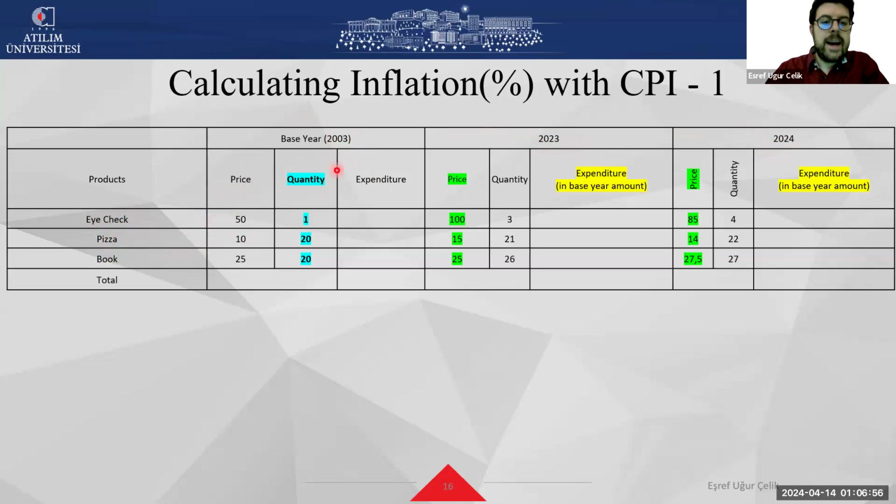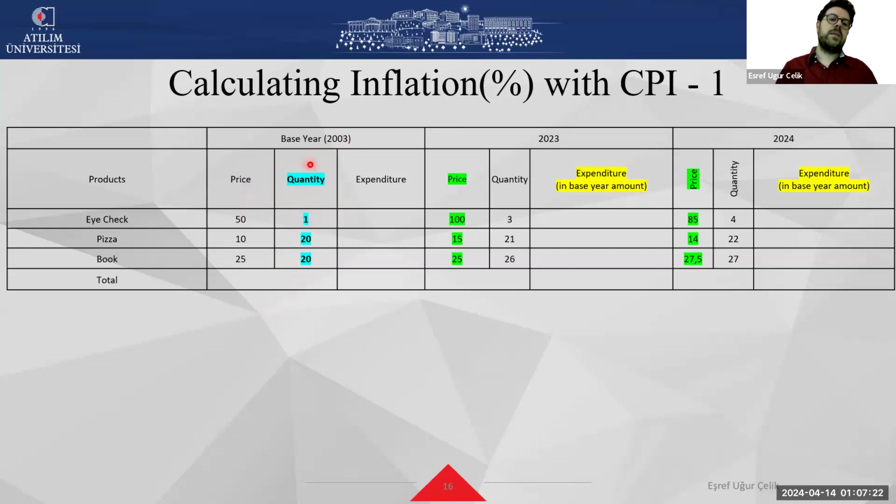Okay. I said for the CPI calculation, we are fixing the quantity. So for calculating the expenditure, we always take the base year quantity this time. So for 2003, we take the price of what year I asked you.